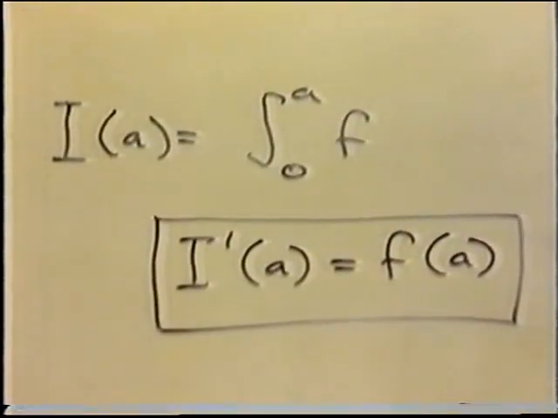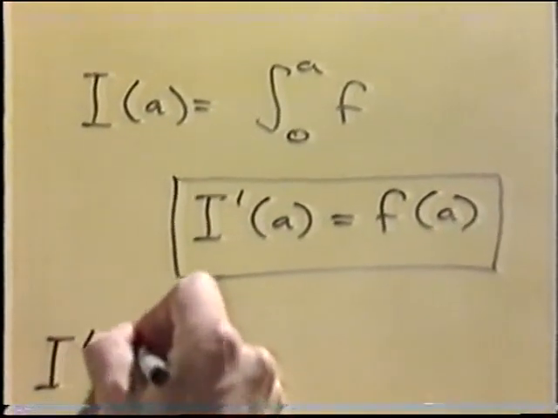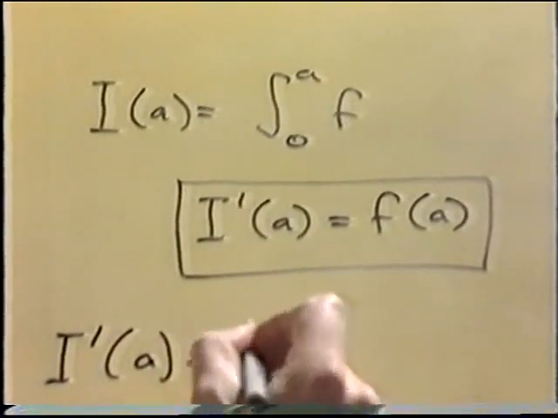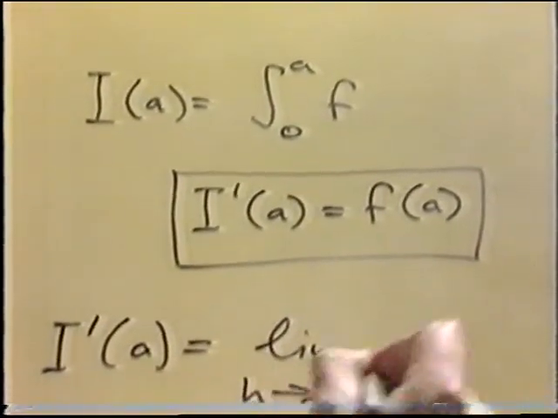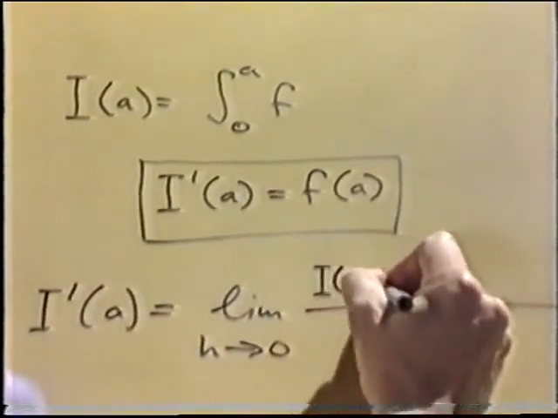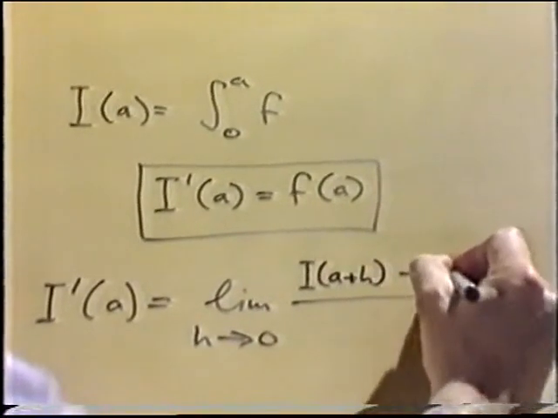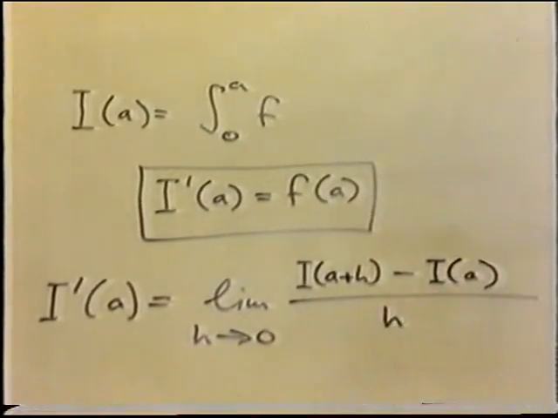So we need to look at the definition of I prime of a. Here it is. It's a limit, as h tends to 0, of the function value at a plus h minus the function value at a, divided by h.